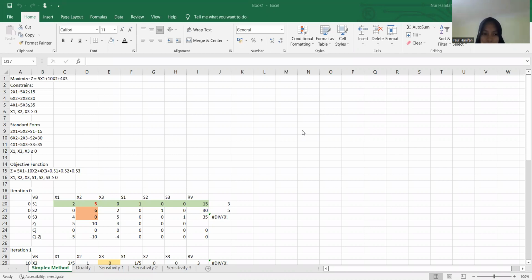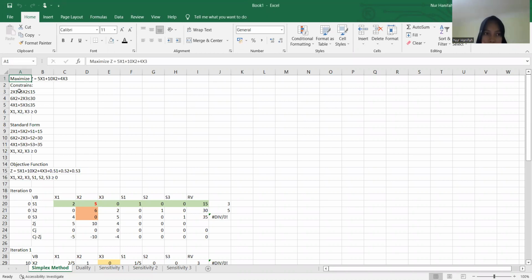41014200041. And now I'm going to explain some problems with the simplex method, duality, and sensitivity. First is the simplex method. We have the problem here: maximize z equal to 5x1 plus 10x2 plus 4x3.